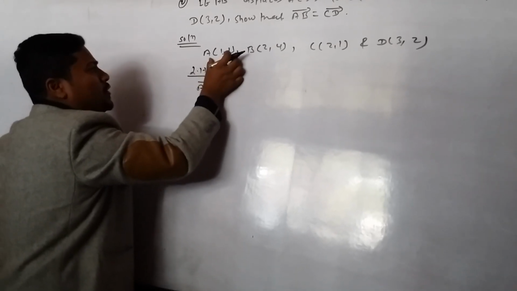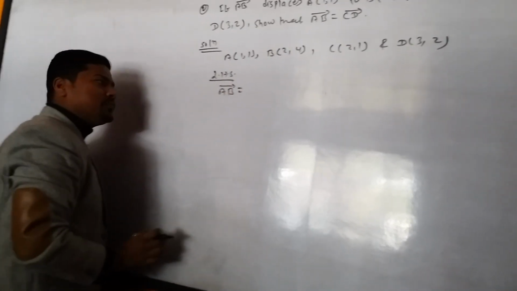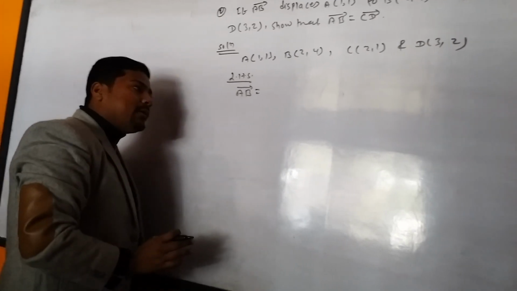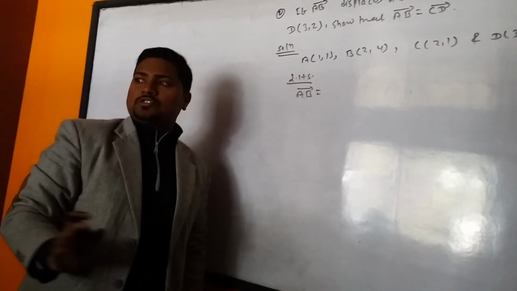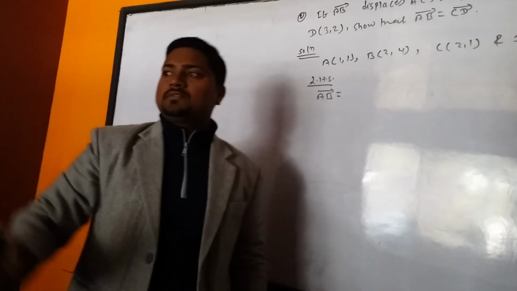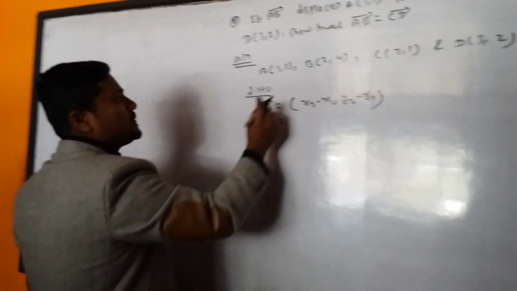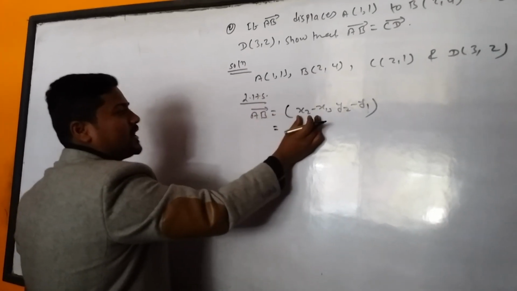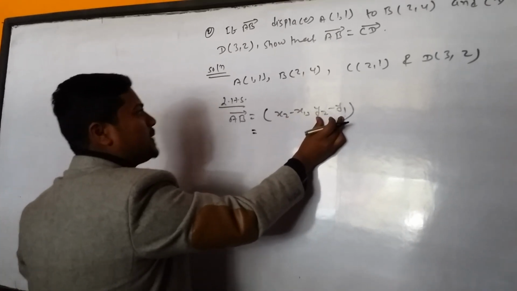If the A coordinate and B coordinate are given, how to find AB vector? The formula is x2 minus x1, y2 minus y1.